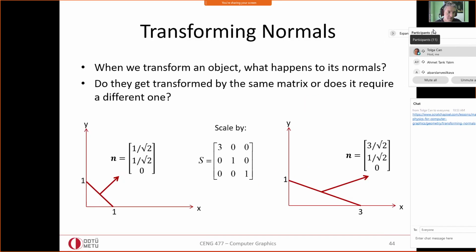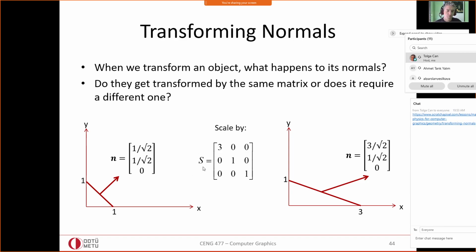And the example is also shown by a non-uniform scale. It's a similar example to the line. This time we have a non-uniform scale in which we triple the x-axis coordinates while the y-axis doesn't change. So the line becomes like this. And if we do the same thing for the normal vector, this is the normalized version of the normal vector.